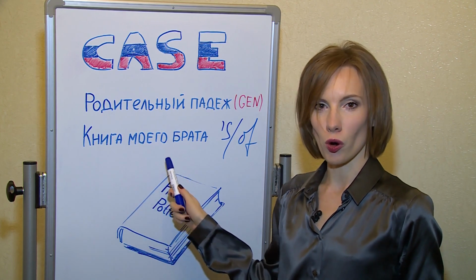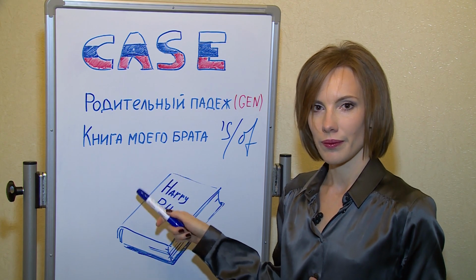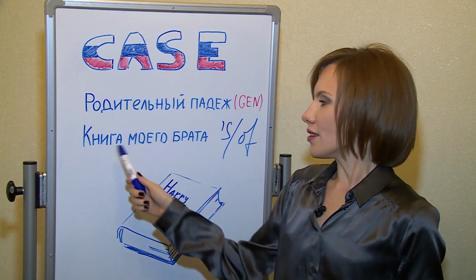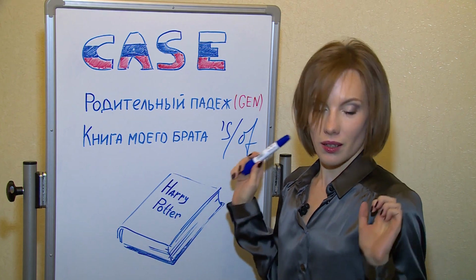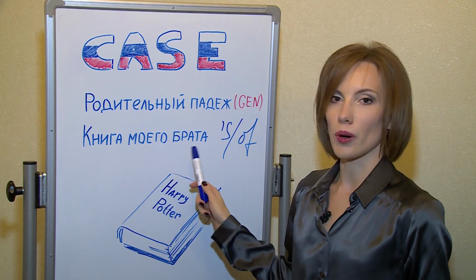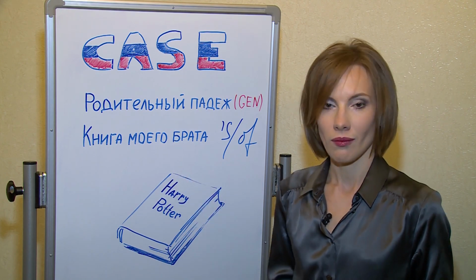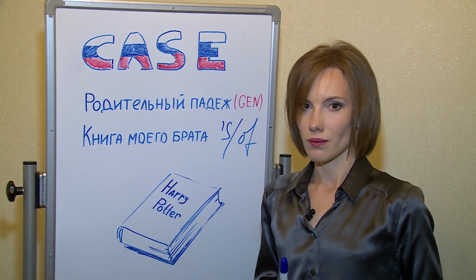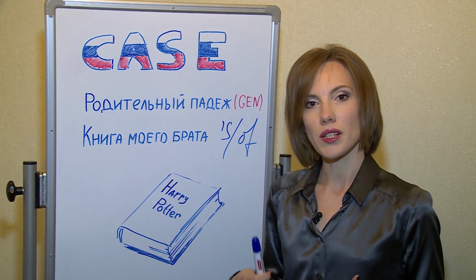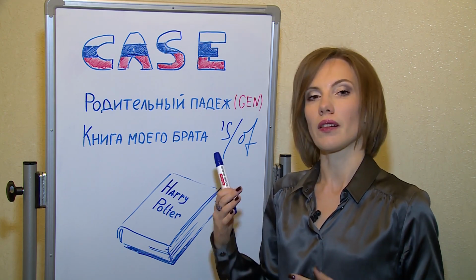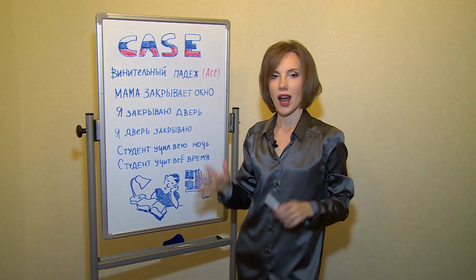Книга моего брата. The book of my brother. In this sentence, the genitive case appears in the word брата. The genitive is the case of possession, so it will also replace English possessives like brother's book.